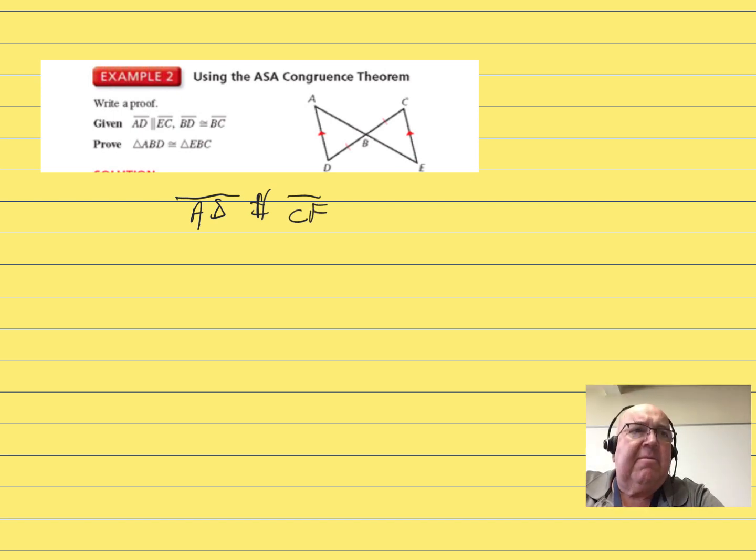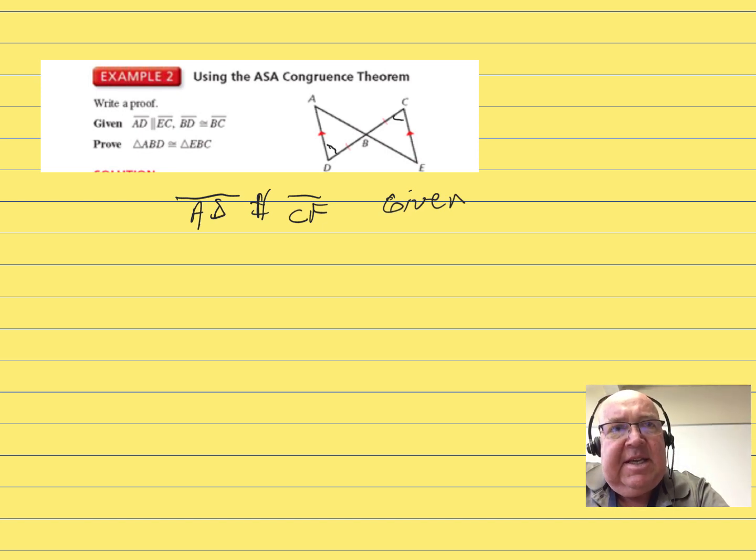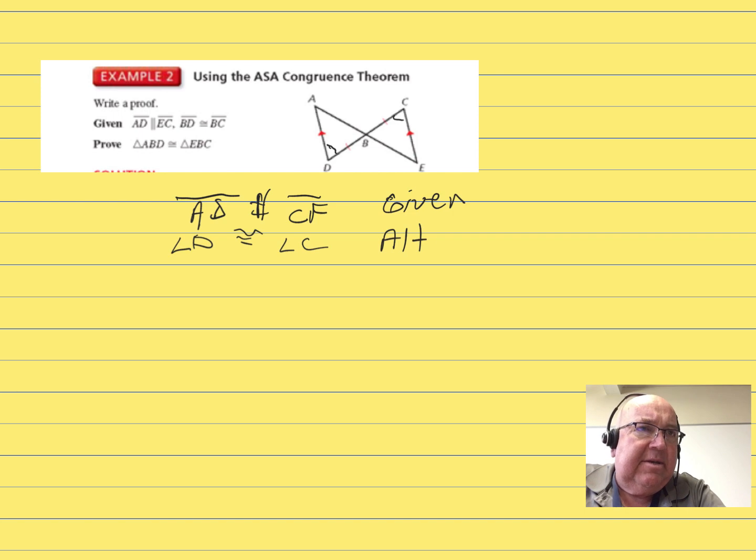And because they are parallel, angle C and angle D must be congruent, because they're alternate interior angles. So this is given. We can say now that angle D is congruent to angle C, and that's alternate interior angles.